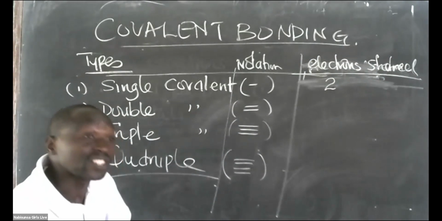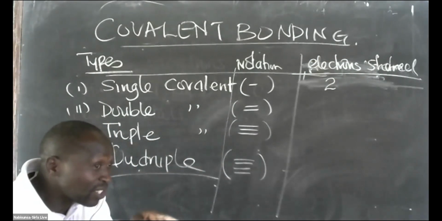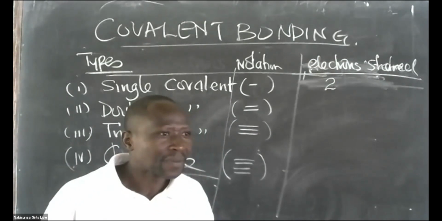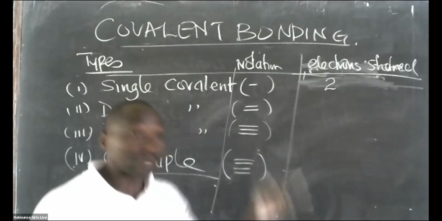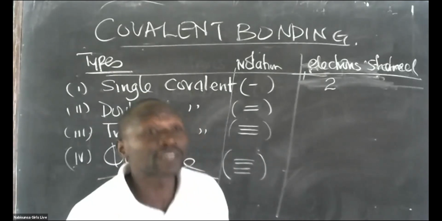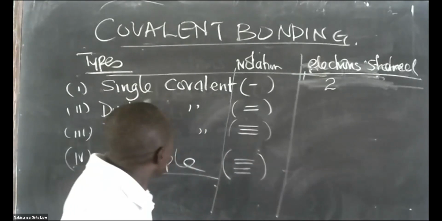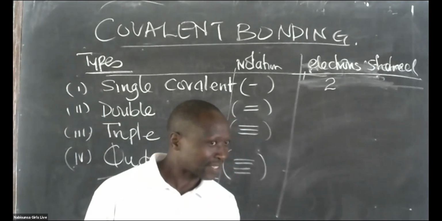2 electrons shared. And what are we saying? Both atoms do what? Contribute. So what does it mean to you? Both atoms contribute. Now, 2 electrons being shared, what does it mean? Atoms in covalence share electrons, isn't it?